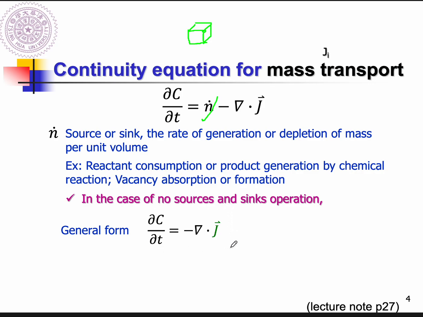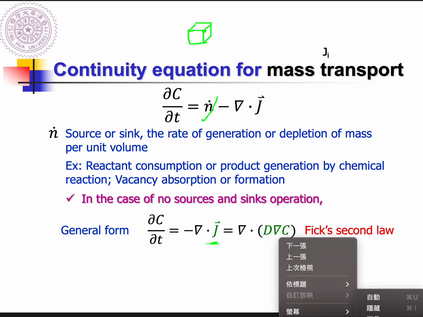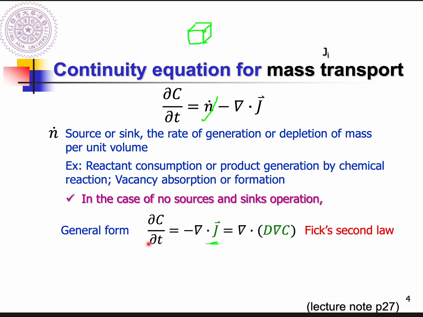And as you know, we talk about mass transport. So for the flux part, we substitute minus diffusivity times concentration gradient. And this is what we call Fick's second law.